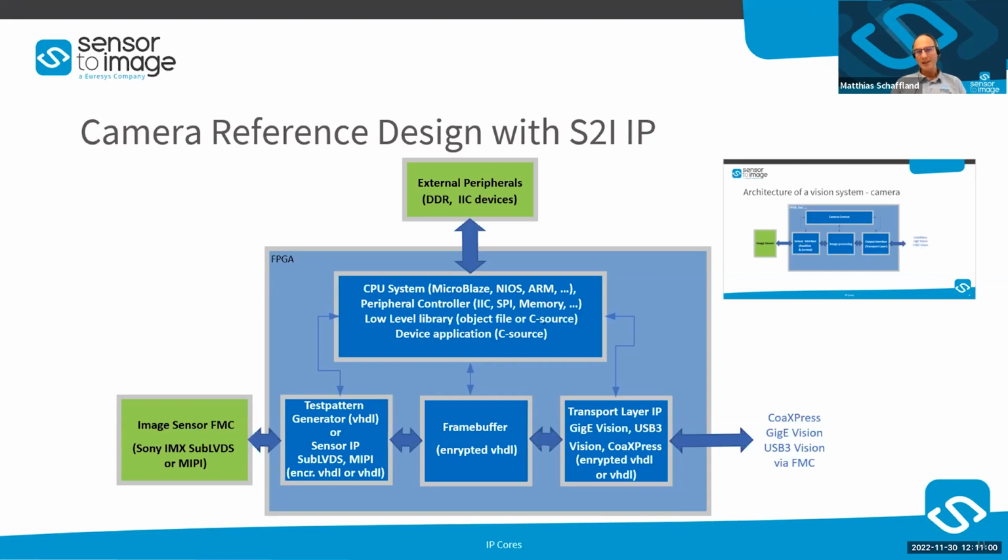The streaming itself typically is done fully in hardware, in FPGA logic. So in a reference design, either we have an IP core to connect to an external sensor, or we have a test pattern generator followed by a frame buffer or something like that, and then the implementation of the actual transport layer, like GigE Vision, USB3 Vision, or CoaXPress.